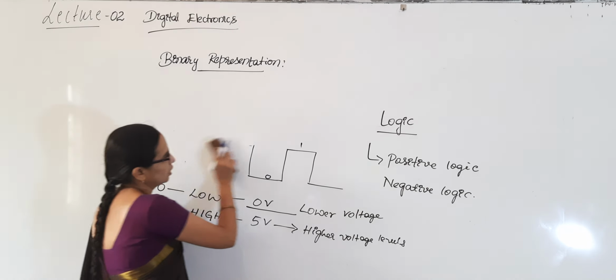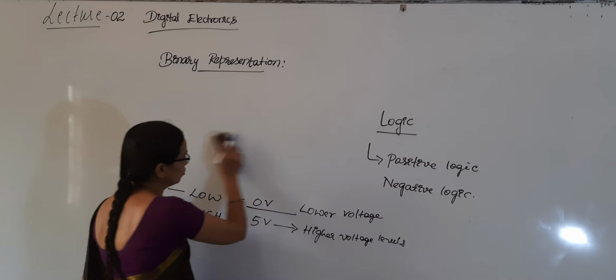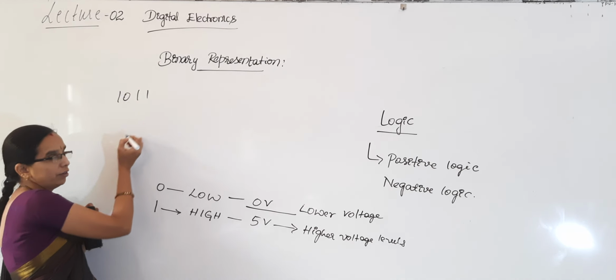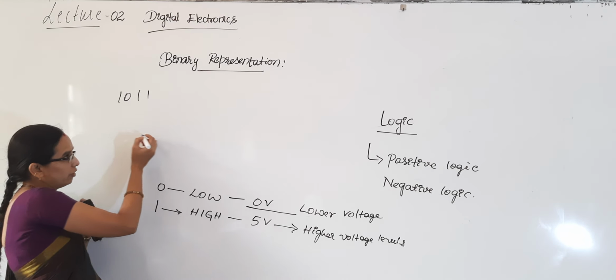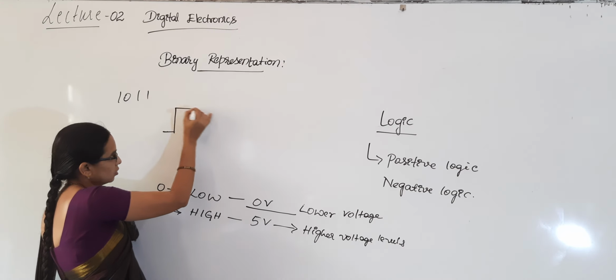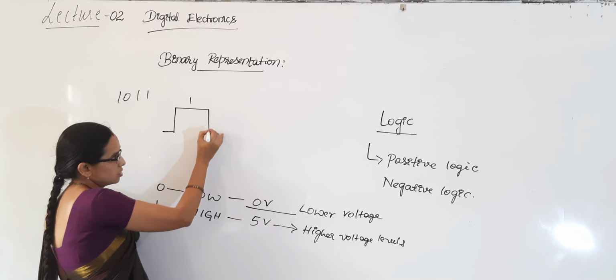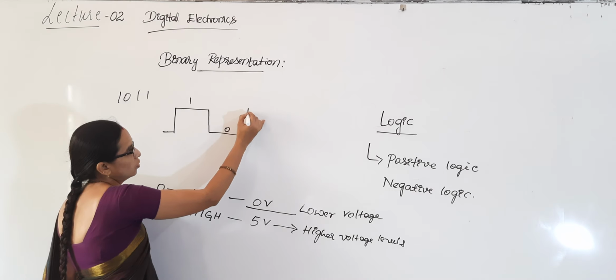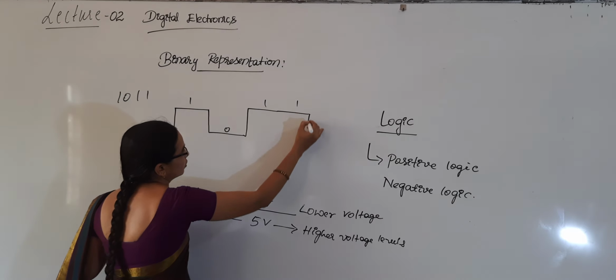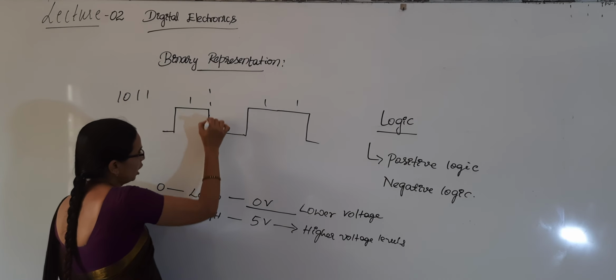For example, if the digital system wants to represent 1011, what will it do? For 1, 0, 1, 1, these are the time intervals.